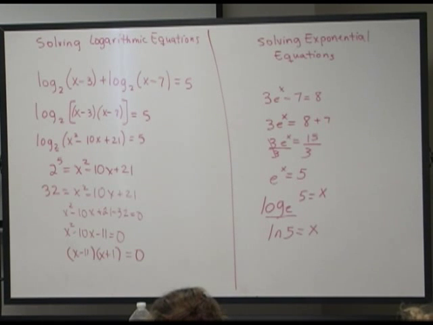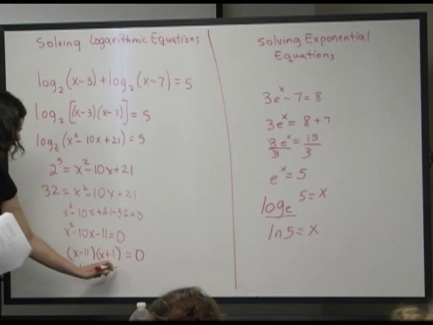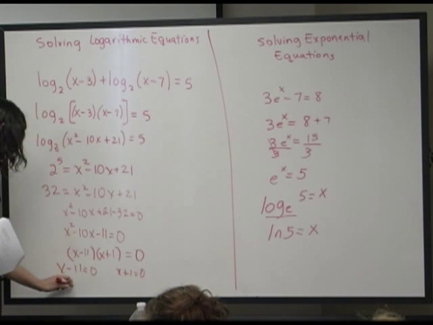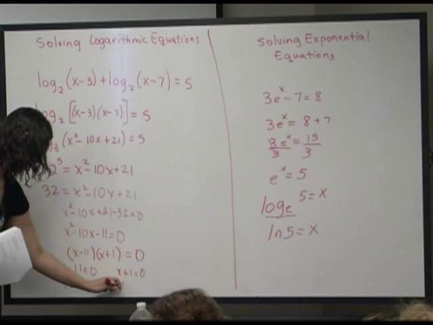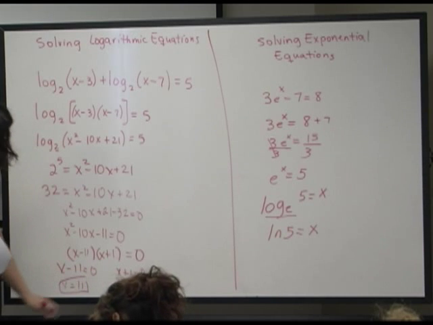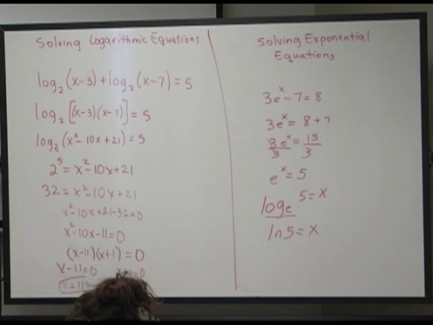And then after that, you apply the zero product property. So x minus 11 equals 0, and x plus 1 equals 0. I get x equals 11 and x equals negative 1.